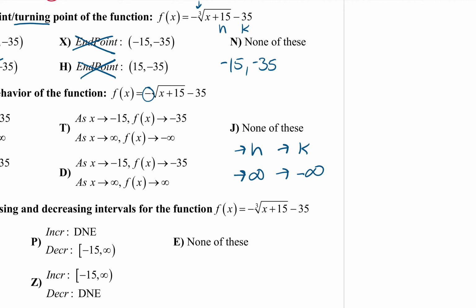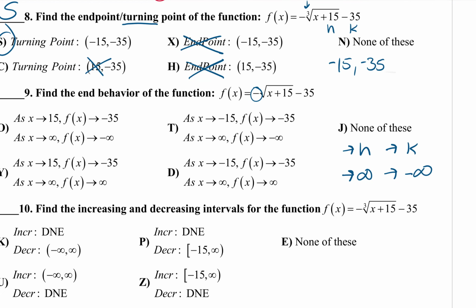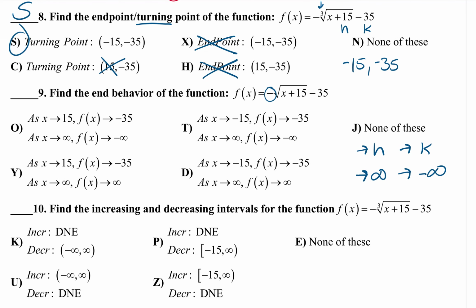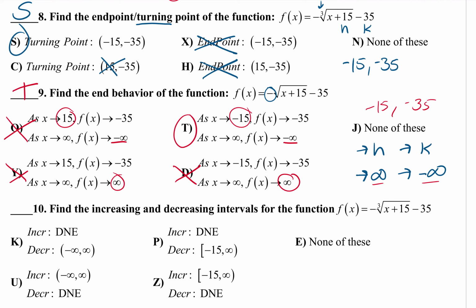If it were a positive square root, it'd be positive, positive on the bottom, but it's not. So before I do anything else, I'm going to make sure that my last 2 are positive infinity and negative infinity. That one is not. That one is not. These 2 are okay. So now I just got to check HK. Well, we already know that HK is negative 15 and negative 35. Okay, that's negative 15, that's not. So O is out, T is my answer.